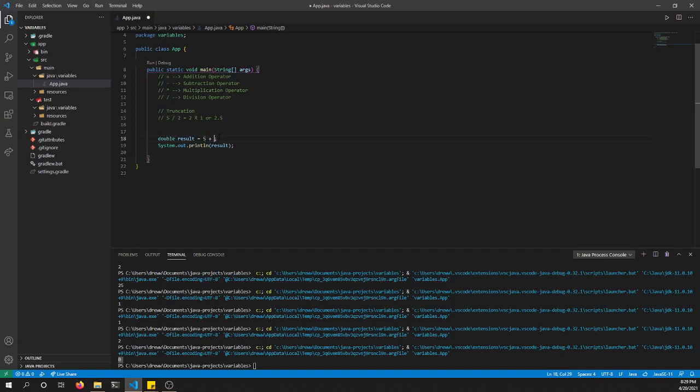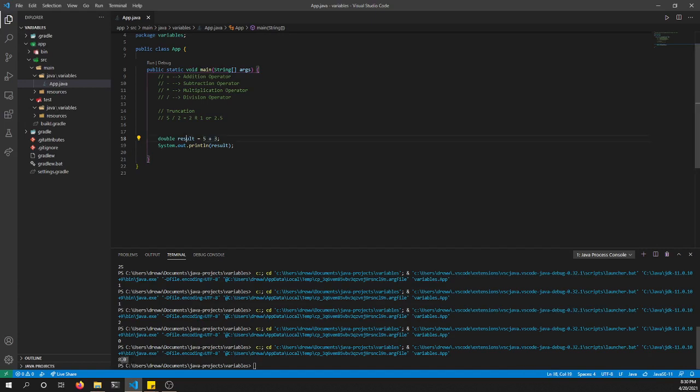We had 5 plus 3, and I'll print the result. But just before I do, just remember that you can use integers as doubles, because an integer is just a decimal number without a decimal, but you can't use a double as an integer all the time. So I'll run this, and I get 8.0. Notice I got that 0.0 in there now.